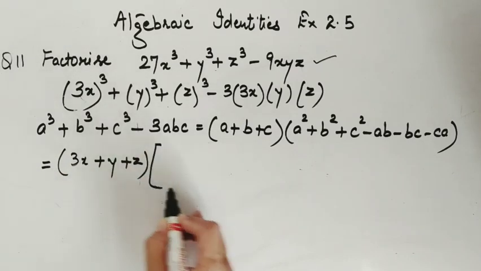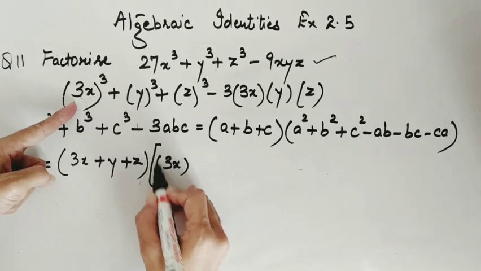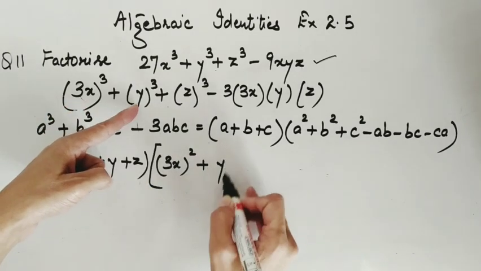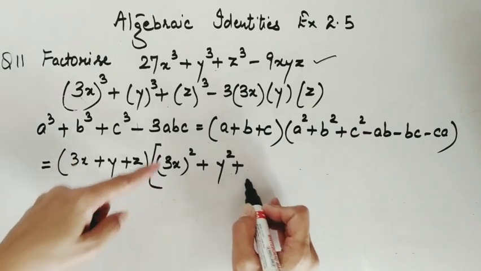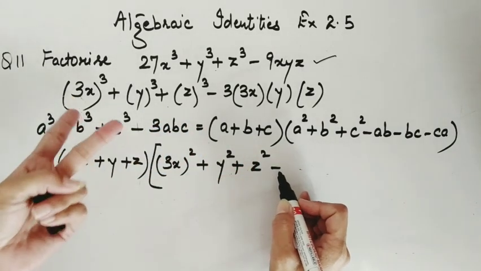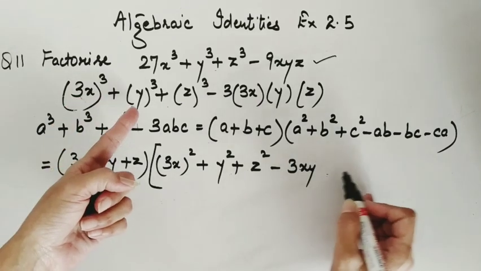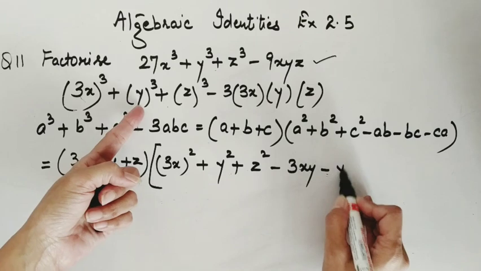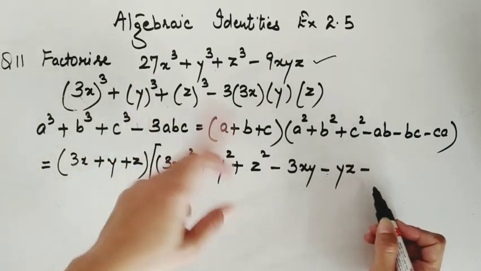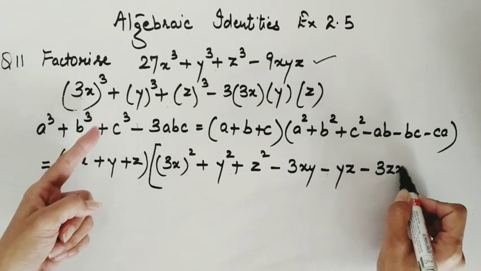Second one, a square, 3x whole square, b square, y you square it, z square, then minus ab means multiply these two, minus 3 times xy, minus bc, it's minus y into z, minus ca, this into this, 3zx.